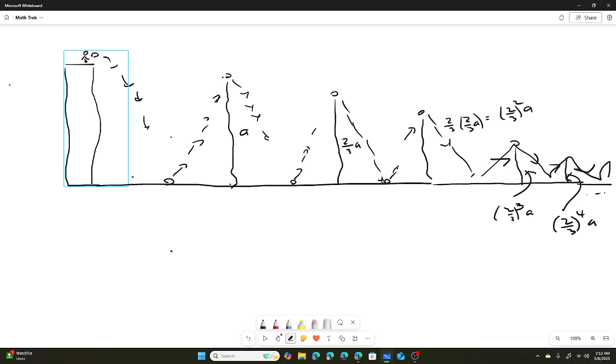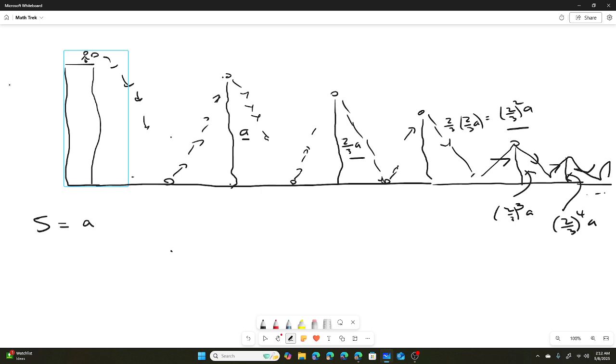So we want to know the sum of all the distances of the ball from the top to the ground. Here's S, the sum that we want.